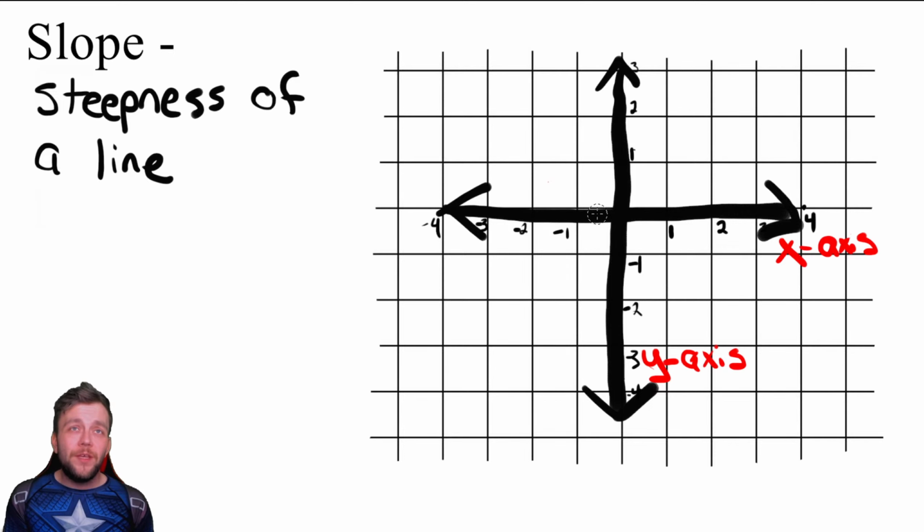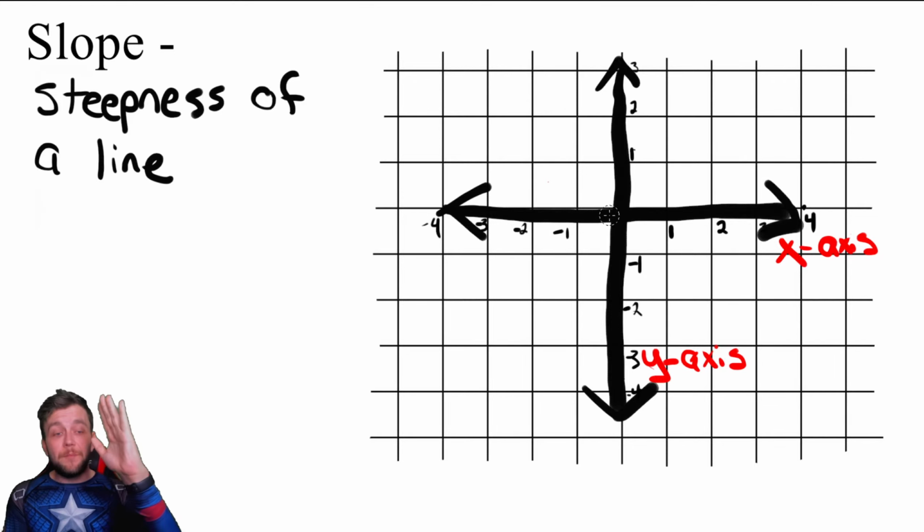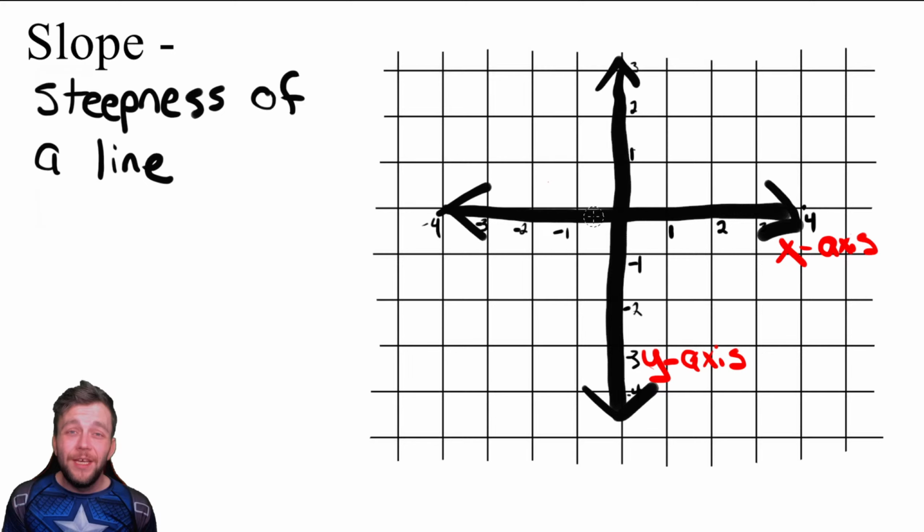So what I want you to think about is a mountain. It is very steep. Some of the mountains can be extremely steep. And when you think of a steep mountain, usually they tend to be taller mountains. And so your slope increases.